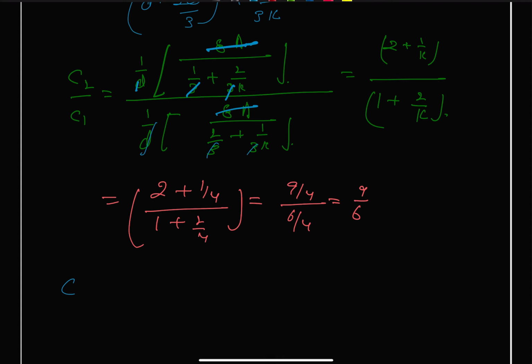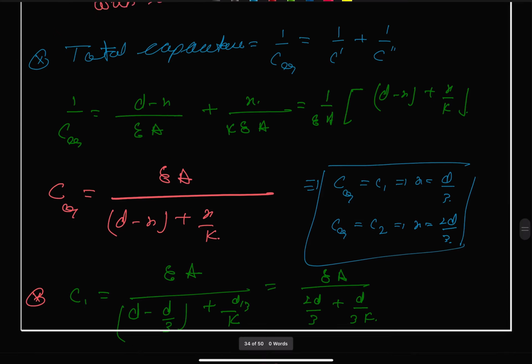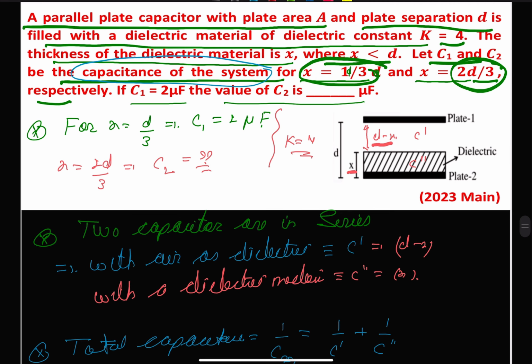So C2 will be equal to C1 times 9 by 6, which is 2 times 9 by 6. 6 goes by 3, 9 goes by 3. So this C2 will be 3 microfarad. So value of C2 is 3 microfarad.